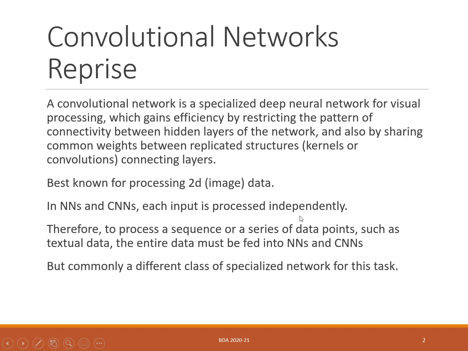In simple words, CNNs don't consider any state between inputs. Consider input data sets such as text consisting of a sequence of words. Because of this attribute of convolutional neural networks, we must feed the entire sequence to the network at once to process a sequence or a series of words.